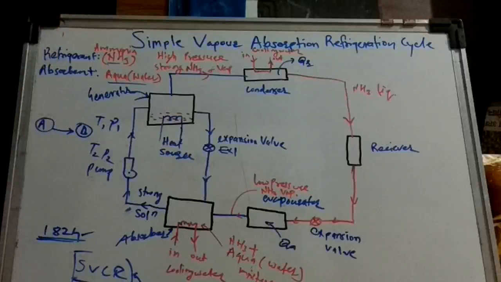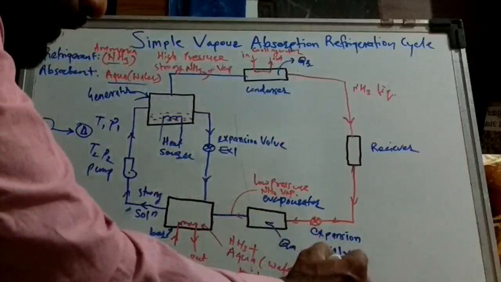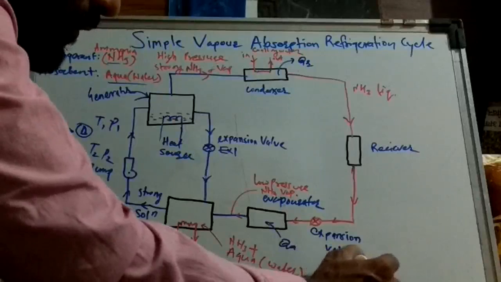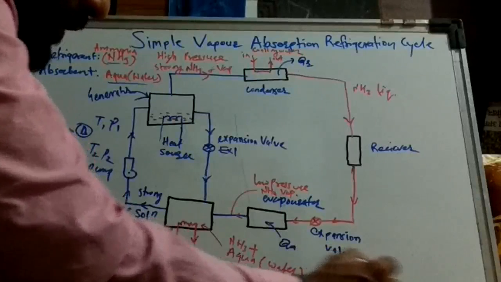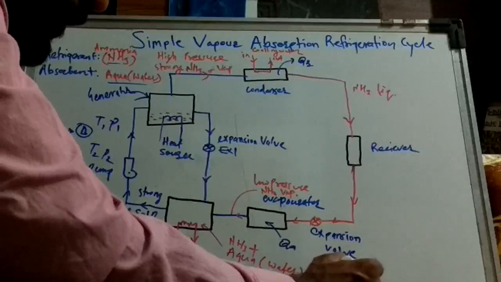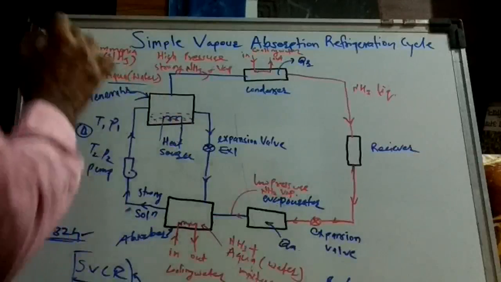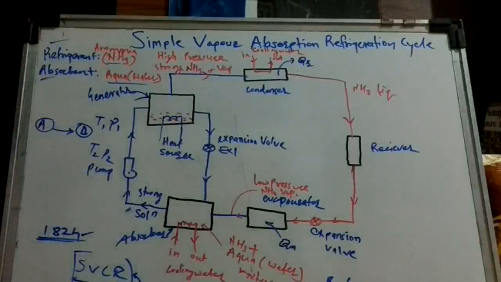In the simple vapor absorption refrigeration cycle, there are two basic working media: one is the refrigerant, and the second is the absorbent.